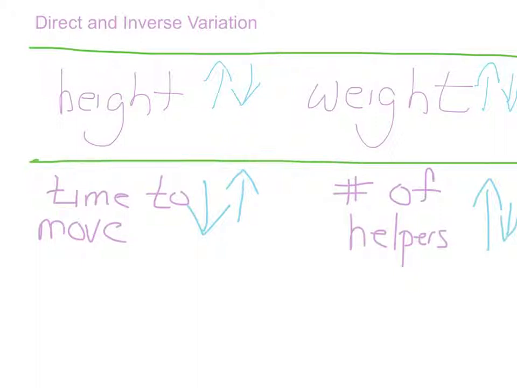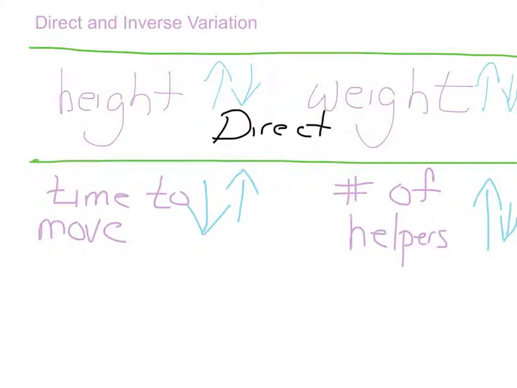So what we've seen is there's a relationship where as one quantity increases, another quantity increases, or as one quantity decreases, the other quantity decreases. This is a classic example, in the height and weight category, of direct variation.